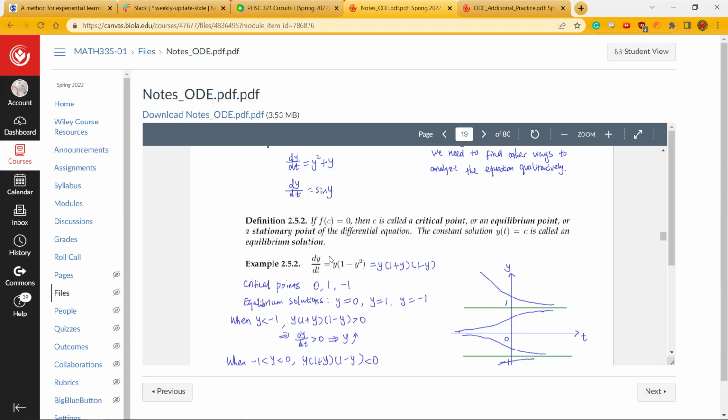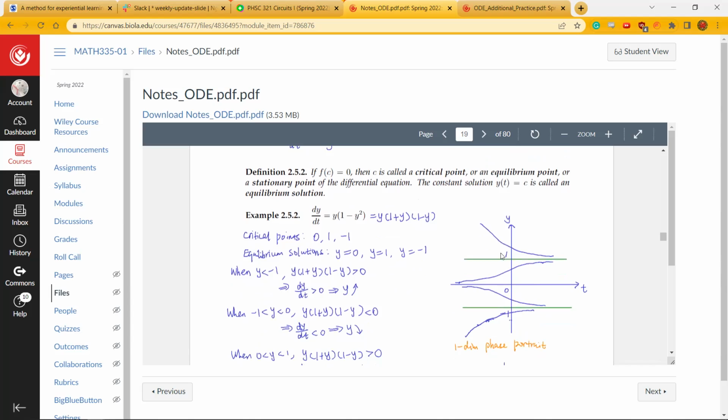That means if you have y equals 1 and go a little bit higher, your slope from then on is going to be downward, approaching the critical point again. It's not going to pass the critical point because the slope at the critical point is 0, so it just slowly tapers out. That's why you can see this graph tapering out toward 1. Does that kind of make sense?